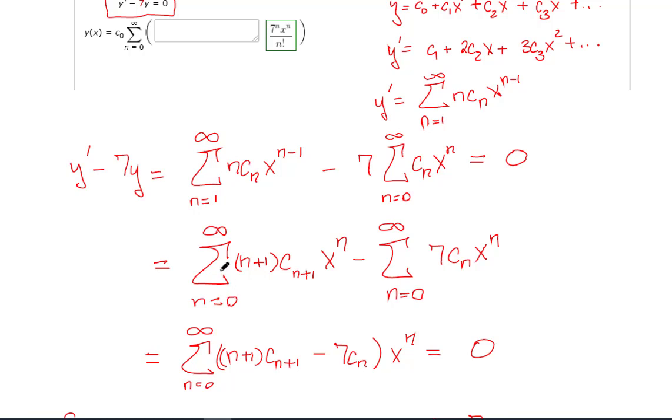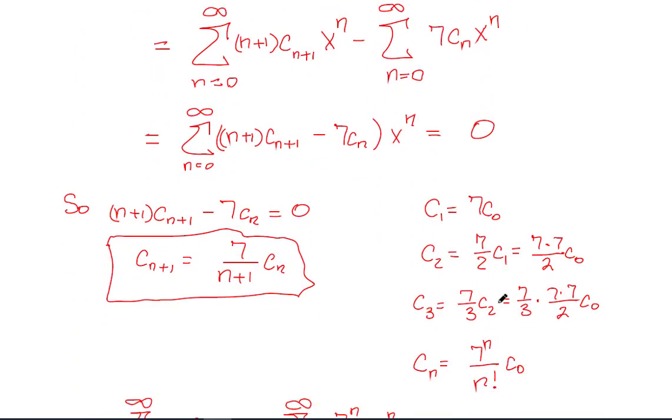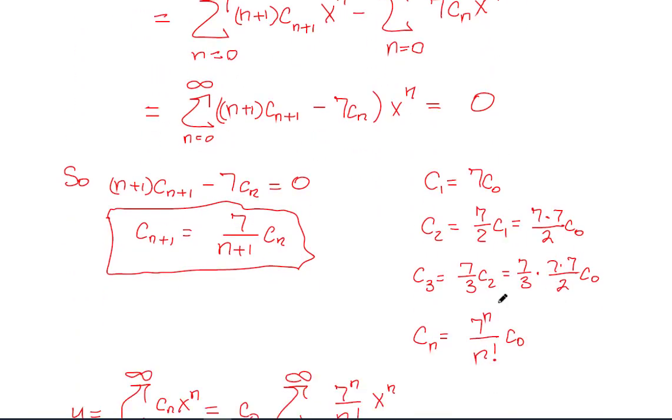Now that I've got the same sum, same index, I can put them together. And so what I see is I've got this set of terms in front of the x to the n part. So if this sum is to be 0, then this piece must be 0.